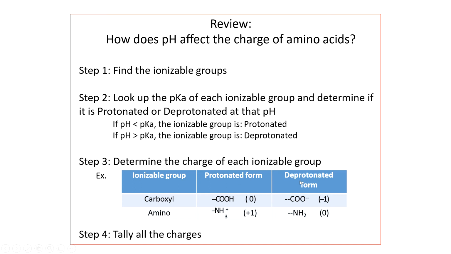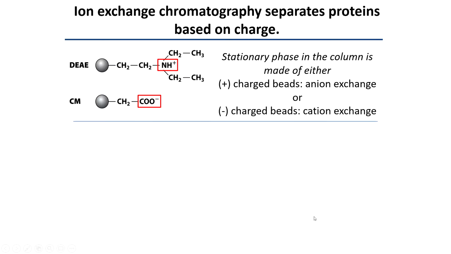If you increase the pH to the point where you're very, very basic, then this carboxyl group will lose its proton and become negatively charged. This amino group will lose its proton and become neutral. And so pH really does affect the charge of the amino acids and will affect how something moves through a charged stationary phase in a column.